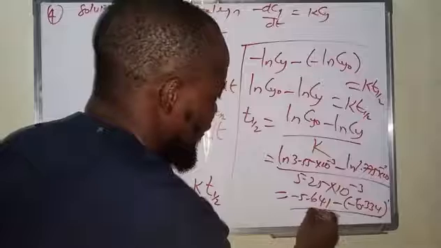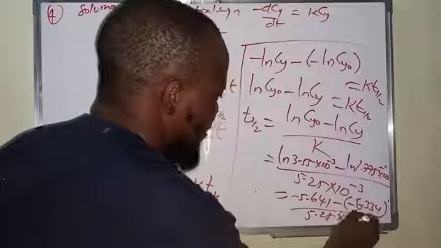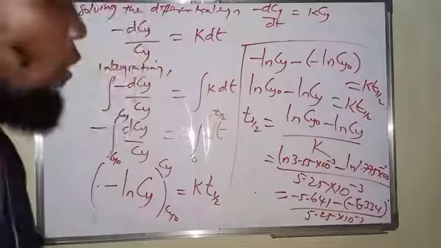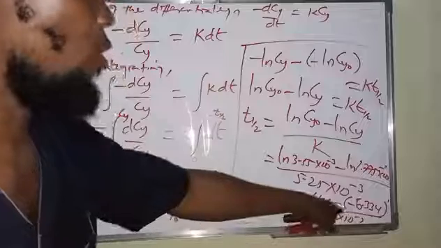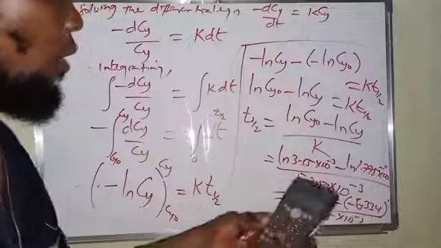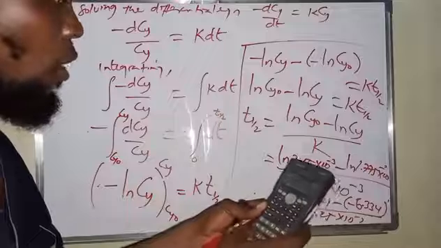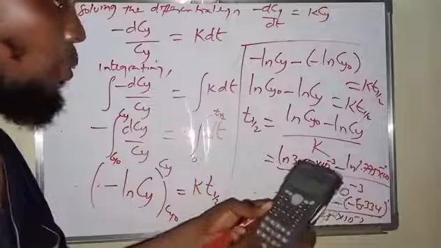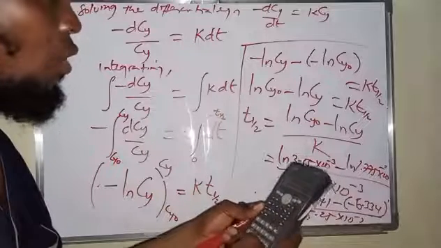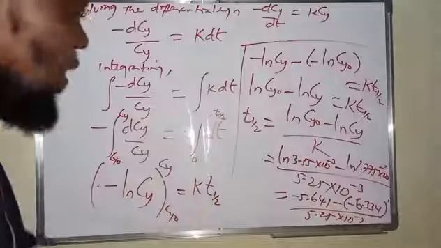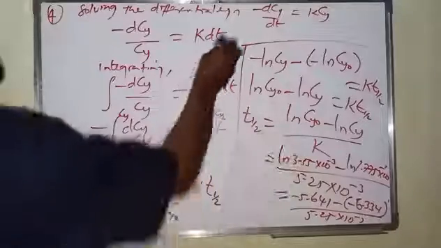Everything over 5.25 times 10 to the power minus 3. So negative times negative will become positive, which means we are going to say minus 5.641 plus 6.334. That will give us positive 0.693.